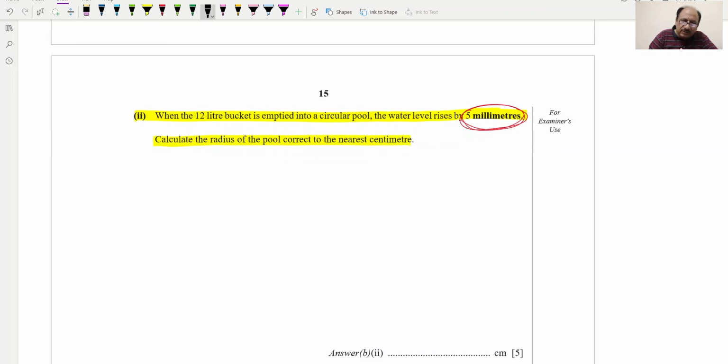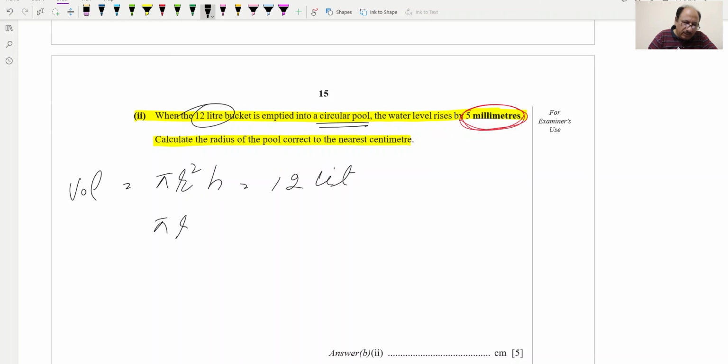So the pool is a circular pool, so pi r squared into h will be the volume of the pool, and this is equal to 12 liters, which is given over here when the bucket is emptied, and h is 5 millimeters.